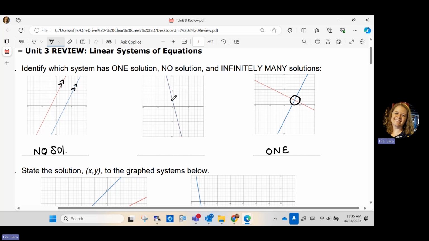If it looks like one line, you don't see a second line, it's because the second line is right on top of it. Okay, so these are actually the same line, the two equations graphed here. So that means they don't intersect at one point like this one. They're on top of one another, so they're constantly intersecting because they are one and the same. So that's why there are infinitely many solutions.